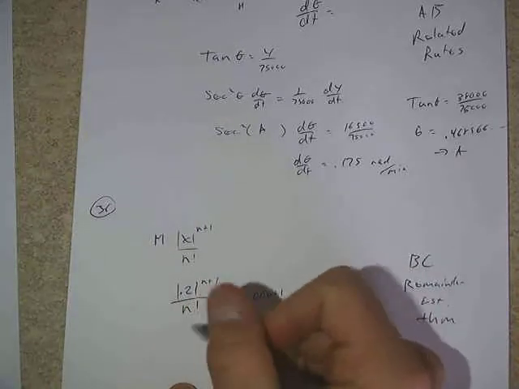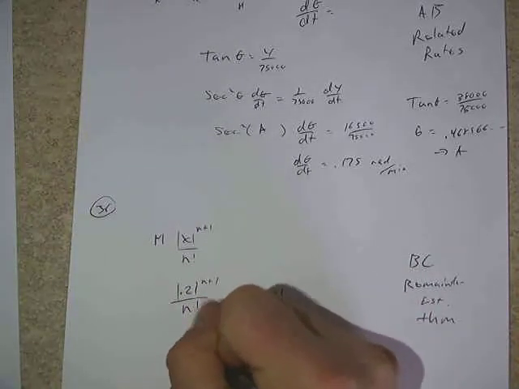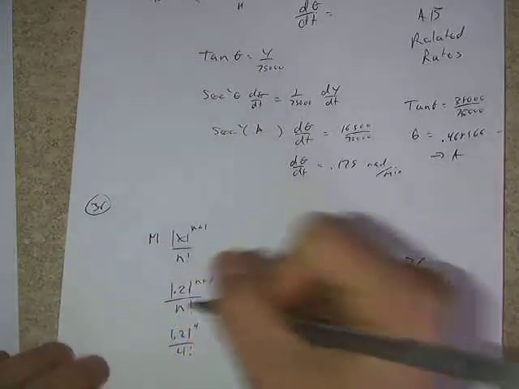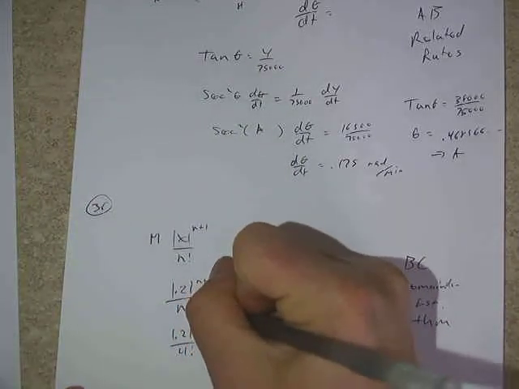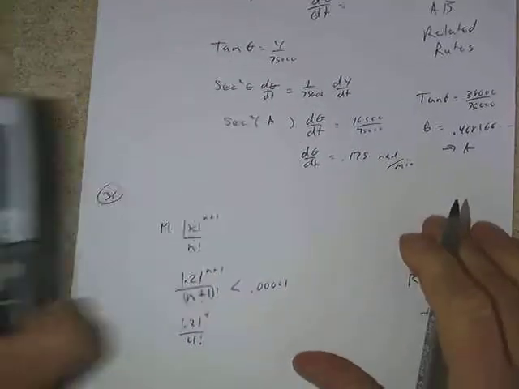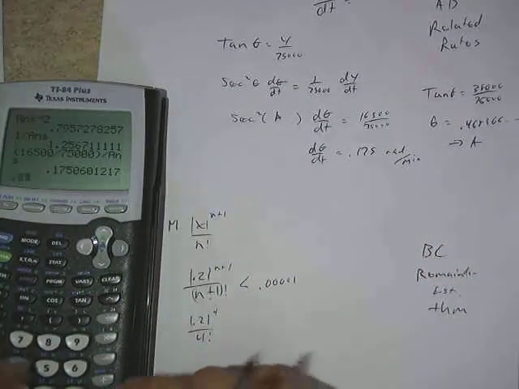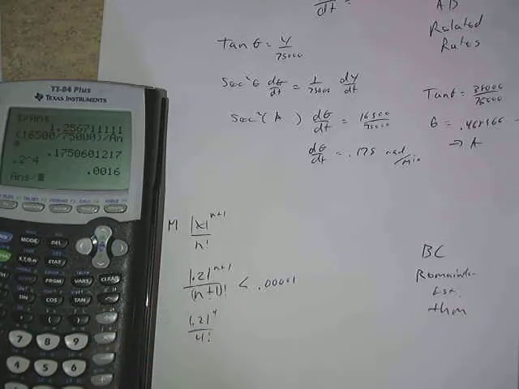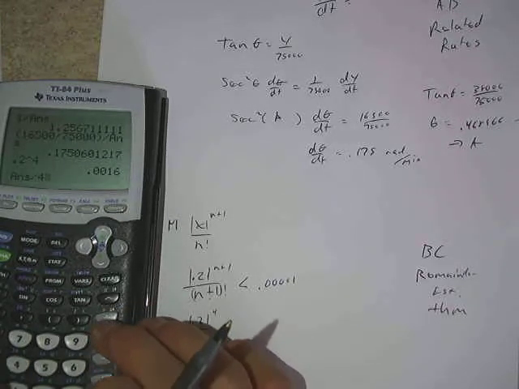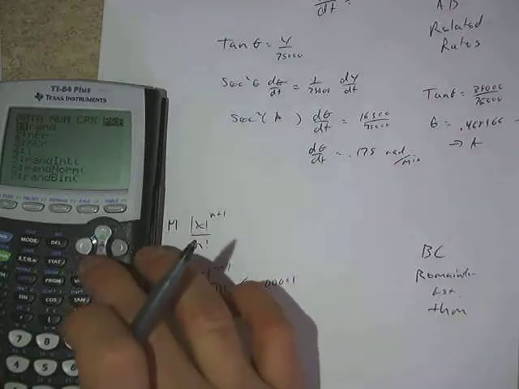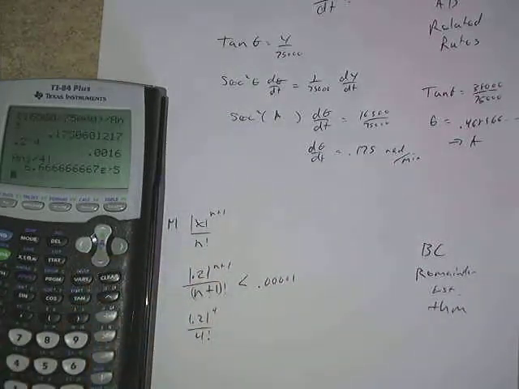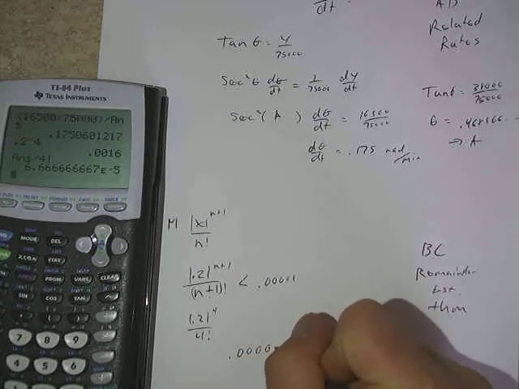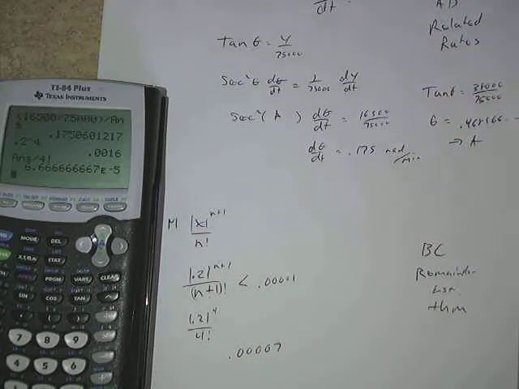And again, the number of terms here, our choices are 3, 4, 5, 6, or 7. Let's start with 3. Keep in mind if we had 3 terms, if our n were 3, we would have 0.2 to the 4th, and then over 4 factorial. Actually, I think this is n plus 1 factorial, isn't it? So let's see what happens if we do that.